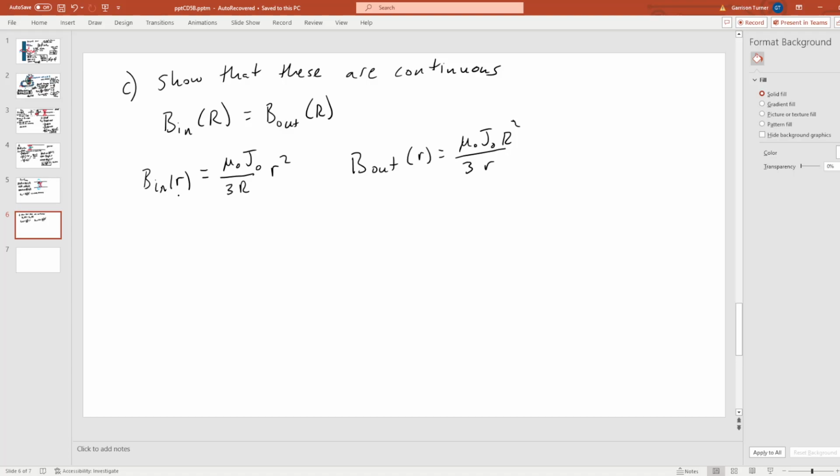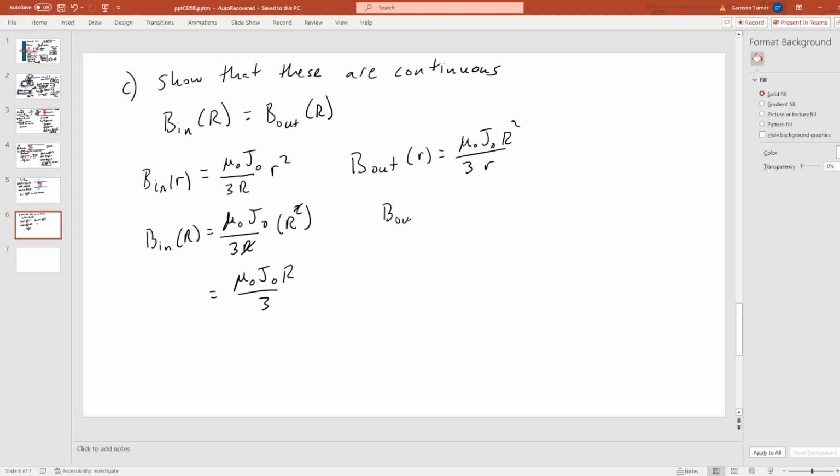Now if I evaluate B in at capital R, this turns into mu naught J naught over 3R times capital R squared, and that cancels, so this goes to mu naught J naught R over 3.